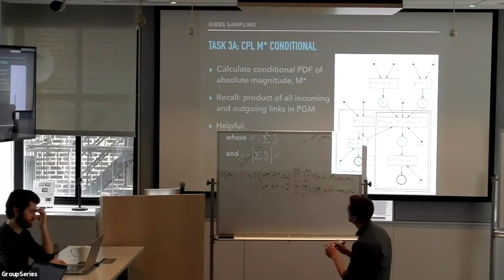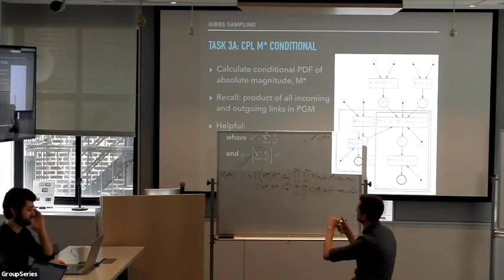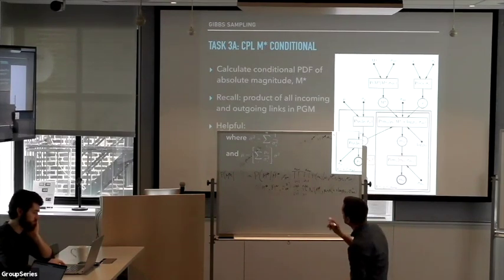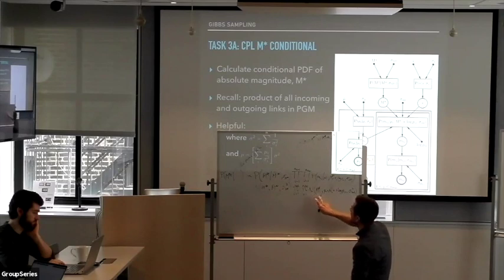Then you can use a bunch of standard results for Gaussians to rewrite this into a normal that allows you to go through all of these product terms.